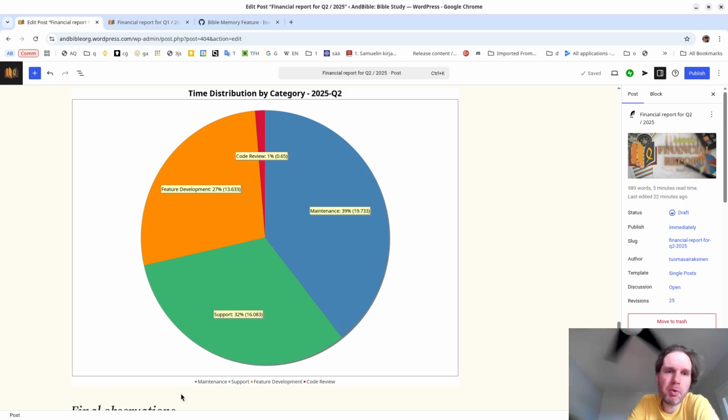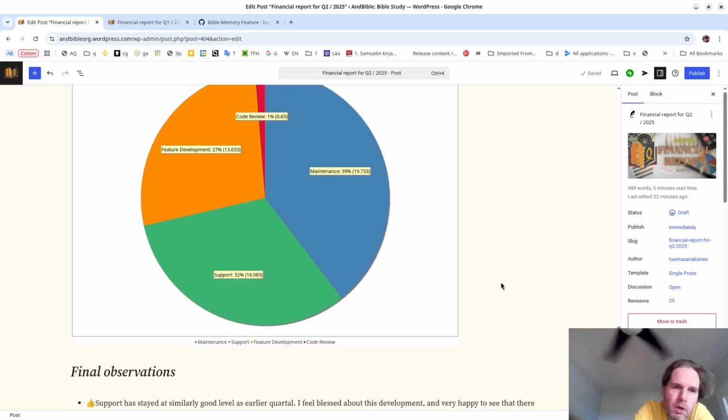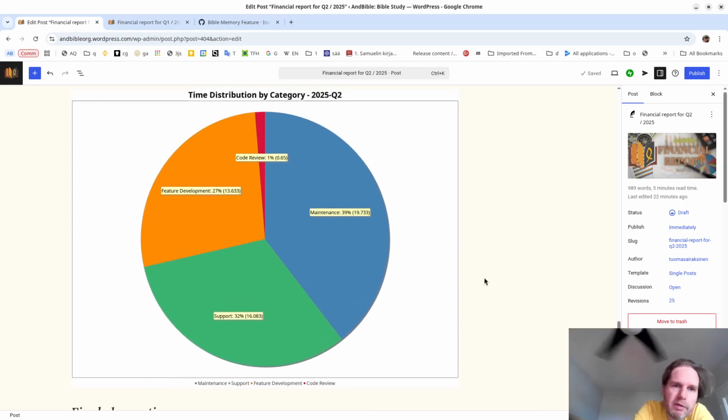I'm happy that support is not the biggest part, but it is still quite significant. That could be smaller, and I hope it would become smaller one way or another. Maybe the biggest thing is that if there are no bugs, then there are no bug reports and so on, and then it is taking less time to respond to bug reports.